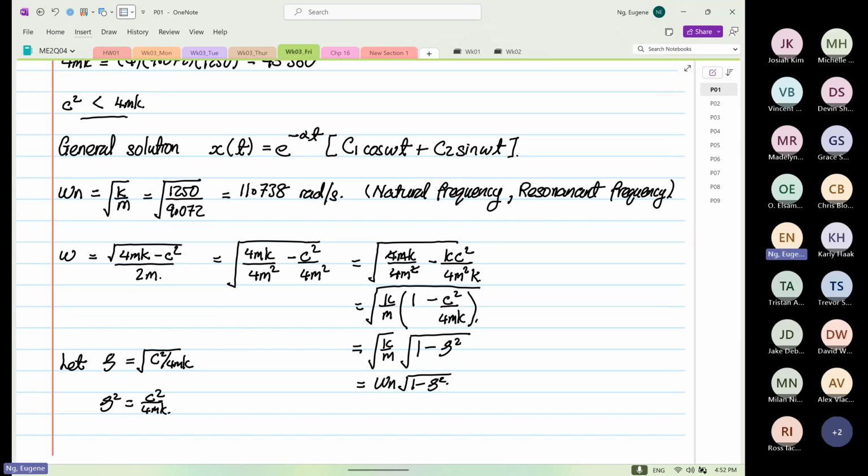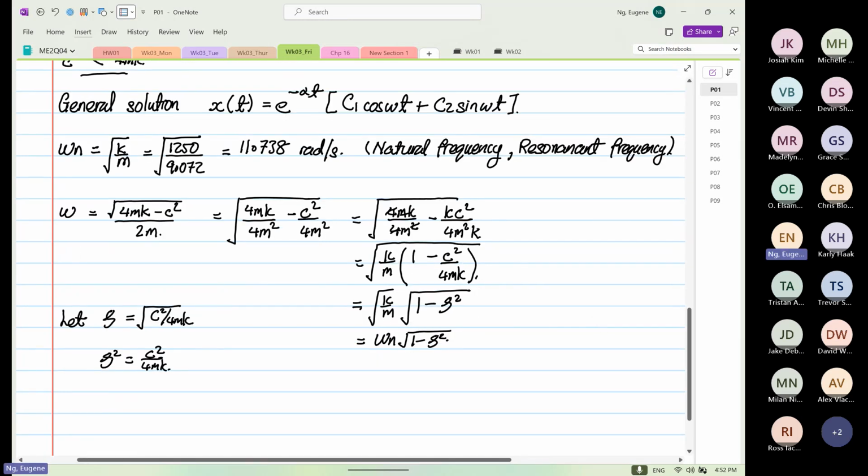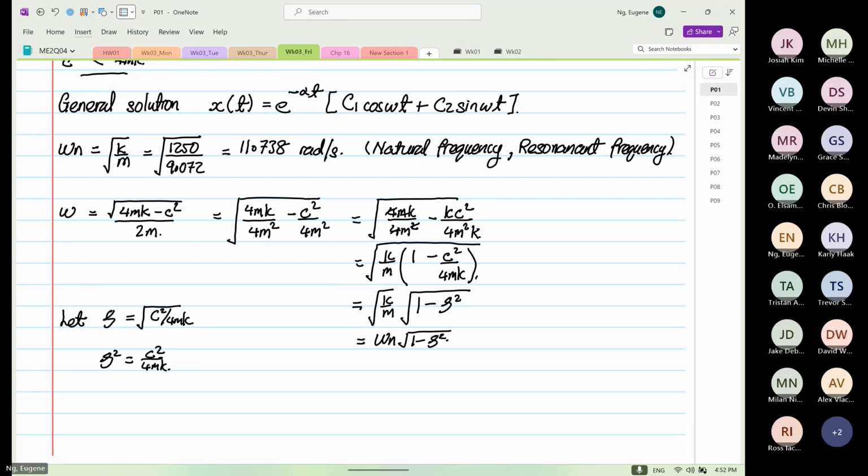So from here, we know that omega, by the way, is also equal to omega d. And omega d is your damped natural frequency.